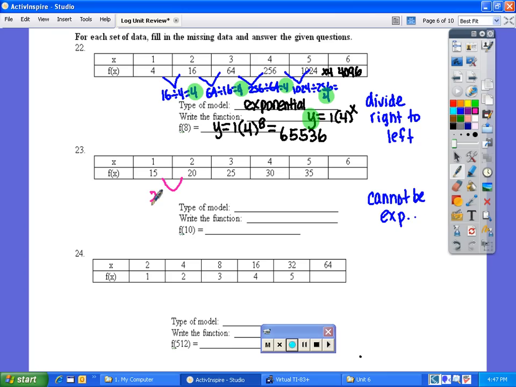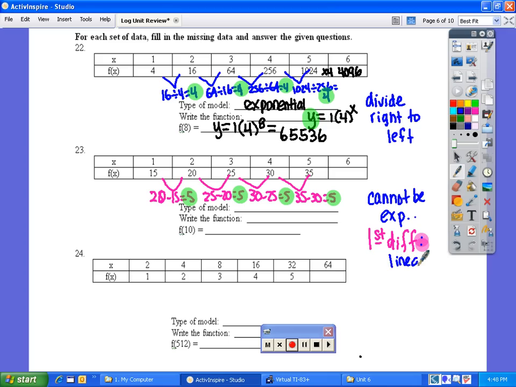So 20 minus 15 is 5. 25 minus 20 is 5. 30 minus 25 is 5. 35 minus 30 is 5. So this is called first differences. If the first differences are all the same, as was evidenced here, this is going to be a linear function.